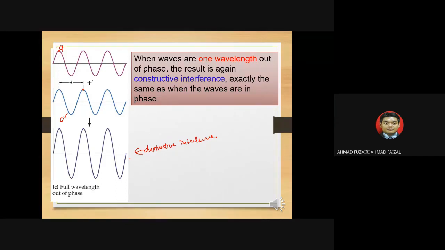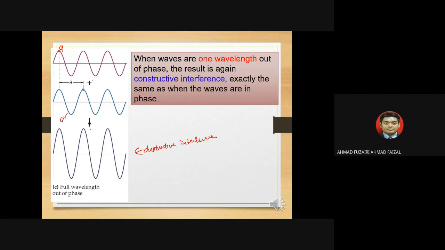So when one wavelength out of phase, the result is again a constructive interference. This is how it gets one wavelength out of phase.